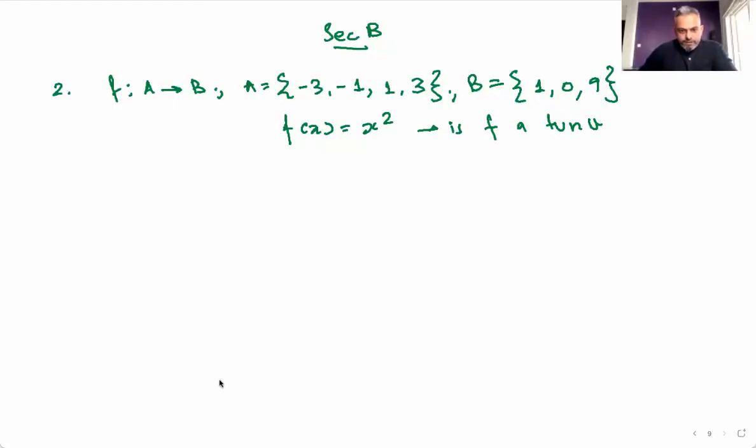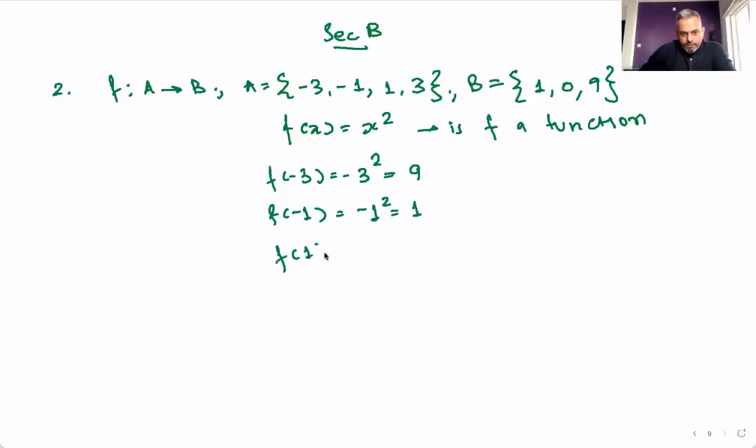So what is the definition of function? That for every element of domain, we should have a unique image in codomain. So let's check out. F of minus 3 is equal to minus 3 square, which is equal to 9. F of minus 1 is minus 1 square, which is equal to 1.